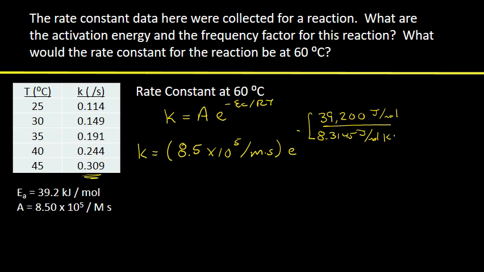And then our temperature, right? We've got to convert this to Kelvin, and 60 degrees Celsius, if we add 273 to that, we get 333 K.